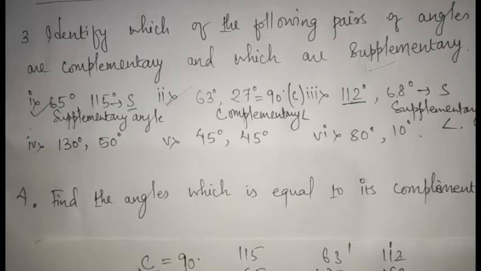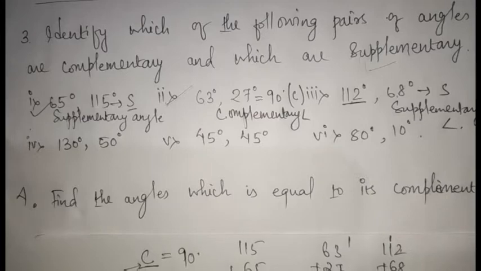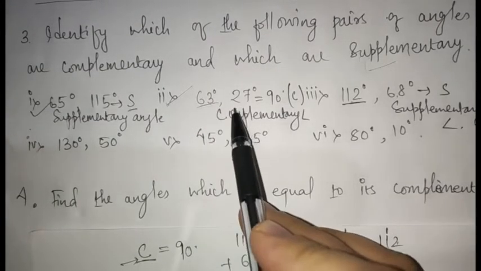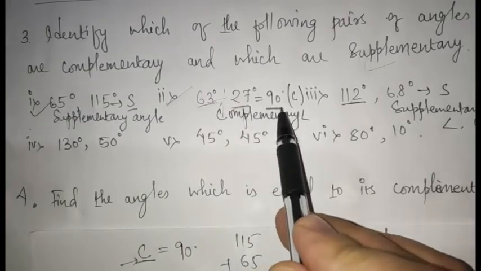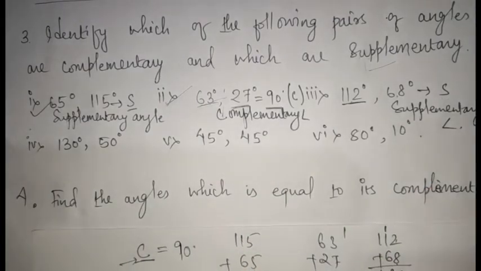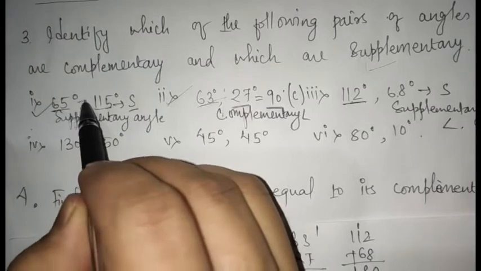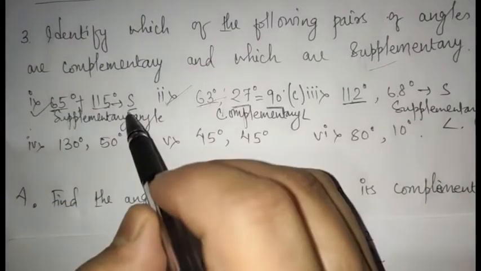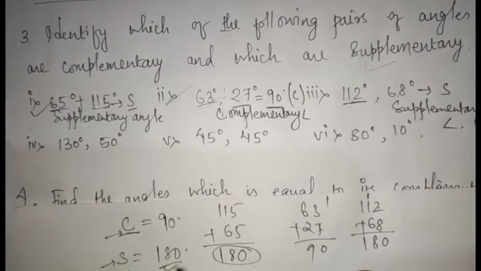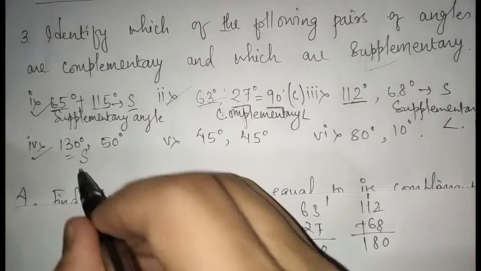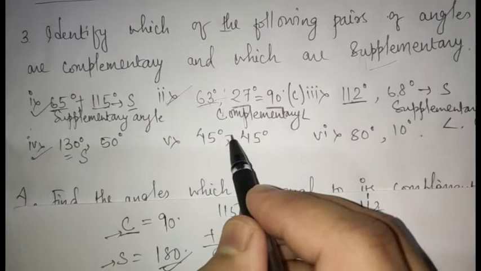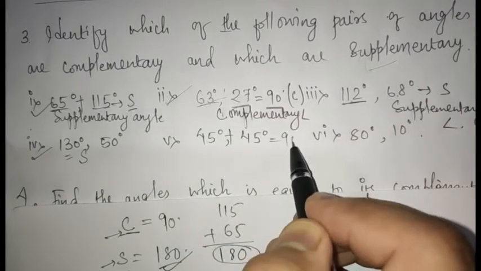Whenever you are adding a pair of angles, one angle and one angle, and you get 90 degrees, that is your complementary. When another pair of angles, when added, makes 180 degrees, that is your supplementary angle. When you add this, you will get 180, which is a supplementary angle. When you add this, 45 plus 45 is 90 degrees, so it is a complementary angle.